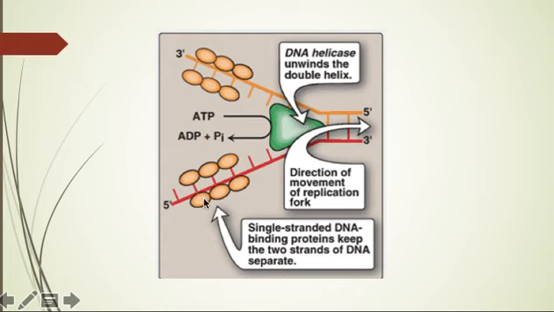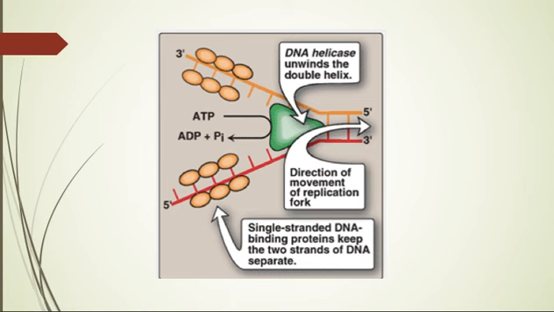Then you can see the single-stranded DNA binding proteins that keep both the DNA strands separate. As helicase unwinds the DNA strand, it requires one molecule of ATP that gets converted to ADP plus Pi. So this is the initiation of replication, right?